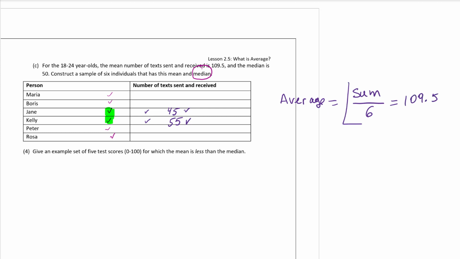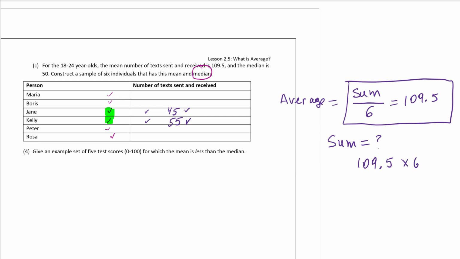So if you know that this is the case, is there a way you can figure out the sum of the numbers? What number do you divide by 6 to get 109.5? Let me give you a moment to think about what that sum would be. Well, the way to figure this out, you can take 109.5 and multiply it by 6.